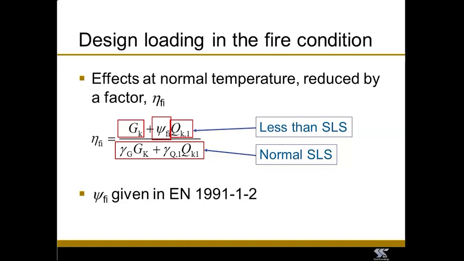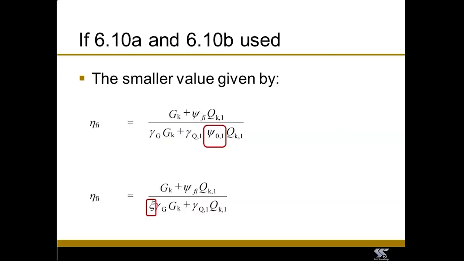Well, if you want to reduce the weight of the steel, if you want to reduce the carbon of the steel, if you want the most effective job, then you would have used the most onerous out of 610A and 610B. If you'd have done that, then your value of eta will be slightly different. Broadly speaking, in the top one, I hope that you would recognize again the denominator.